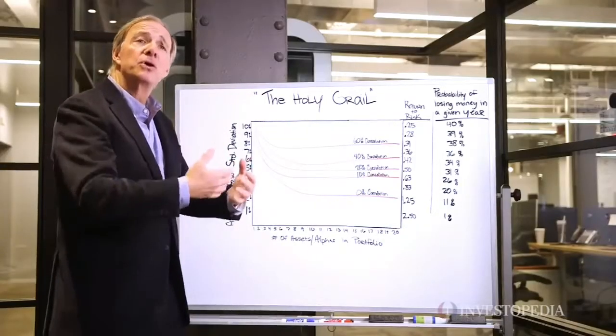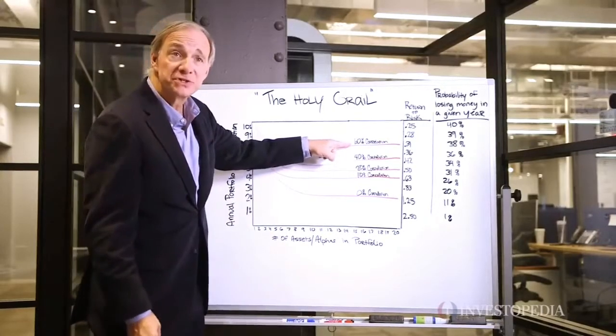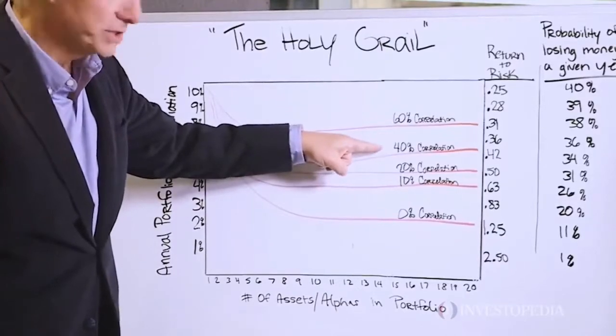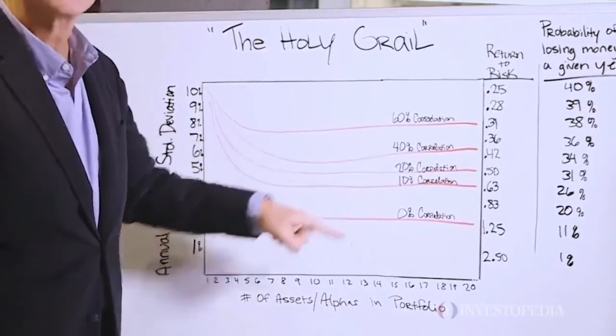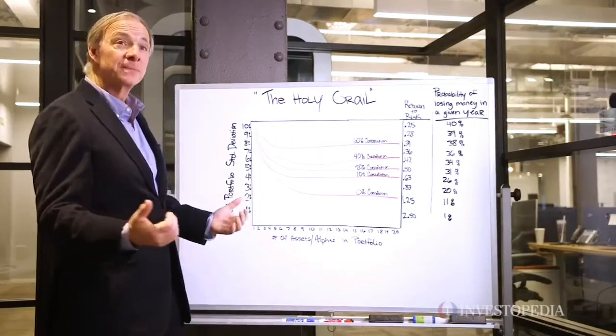How would that reduce my risk if on average it has a 60% correlation? Or a 40% correlation, or a 0% correlation? How would that change? I wanted to know that.